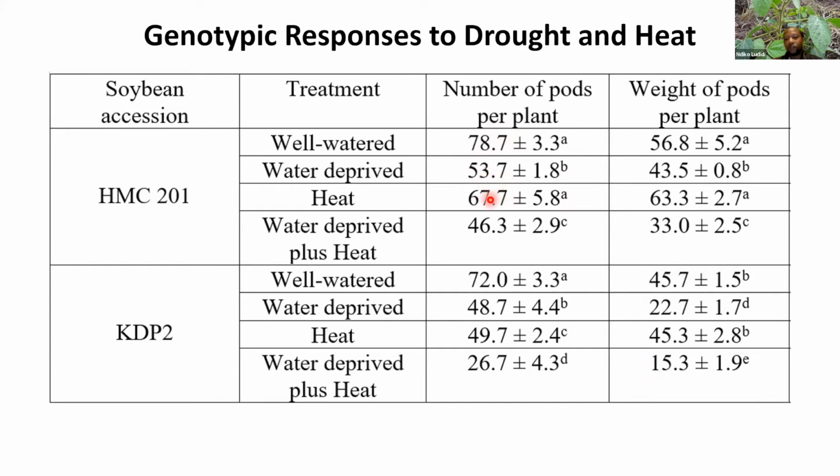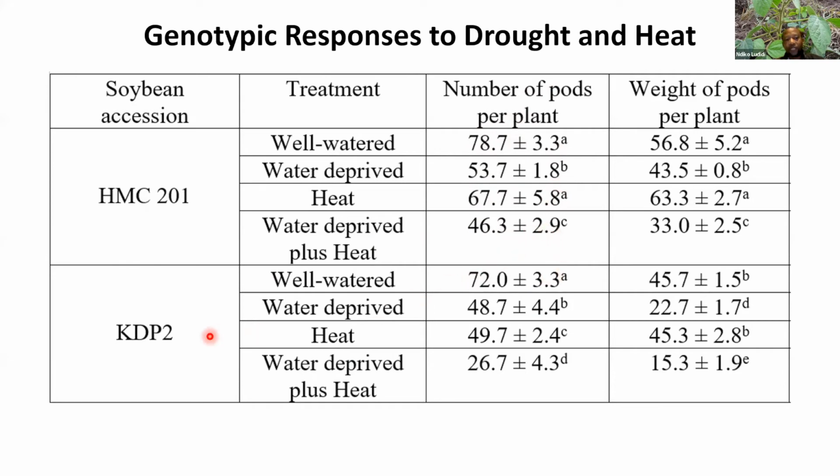The heat stress also decreases the number of pods, and under water deprivation, when combined with the heat stress, you have an even more pronounced decrease than the individual stresses alone. And so this is the total number of pods per plant, by the way.